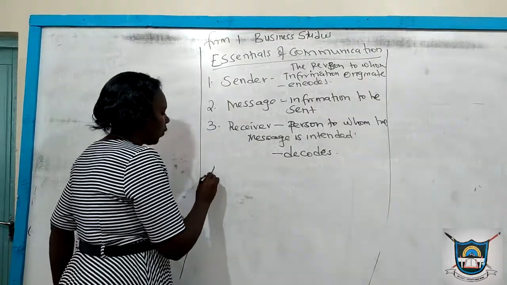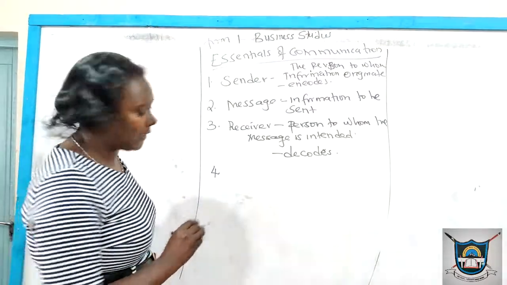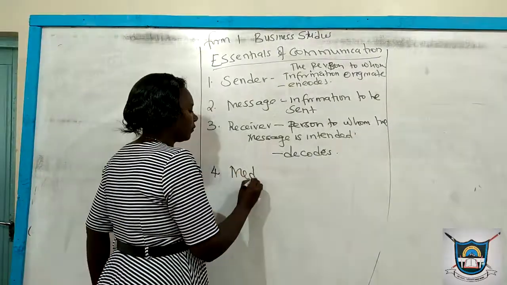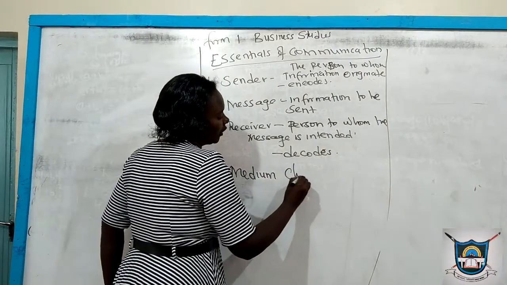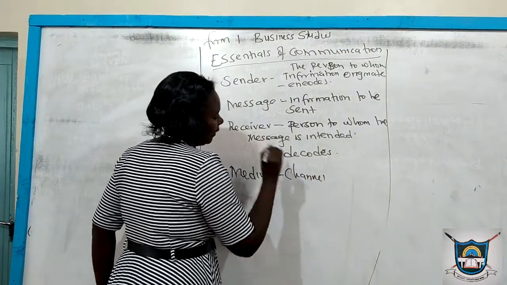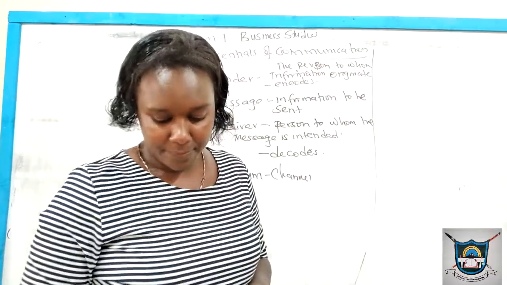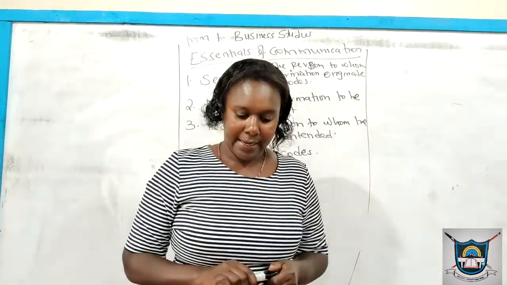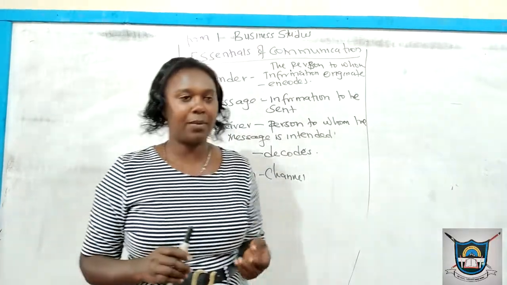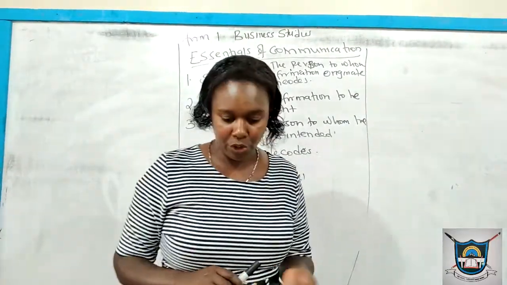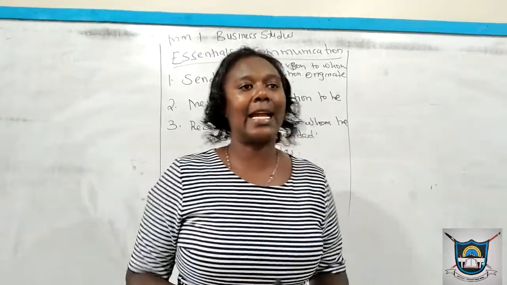Number 4, we have the medium or channel, which is used in transmitting the message. The channel can be a telephone, can be a letter, it can be a radio, it can be a chat, it can be face-to-face.